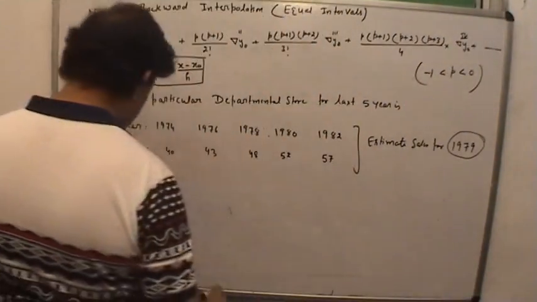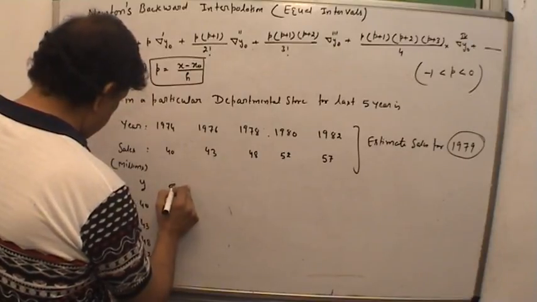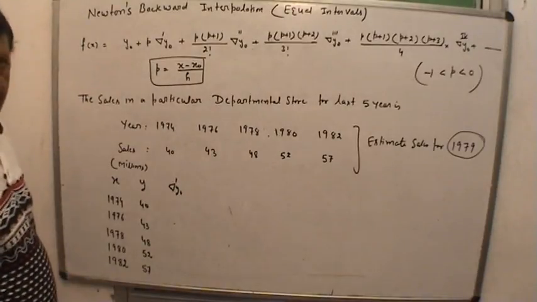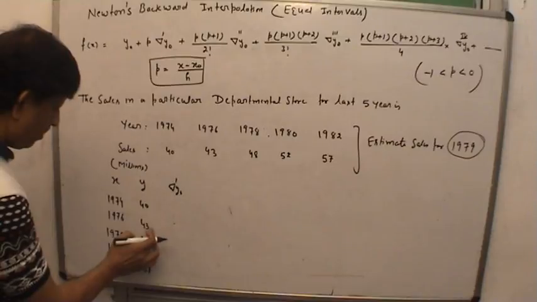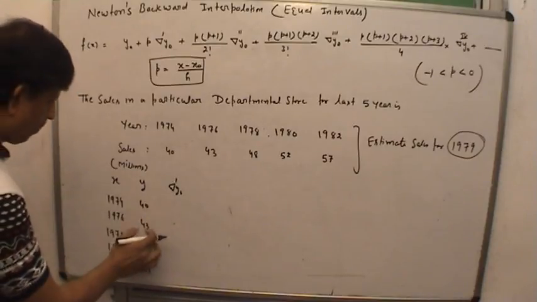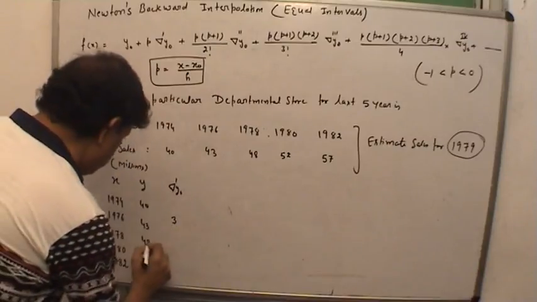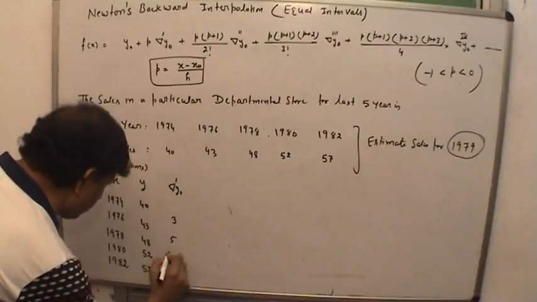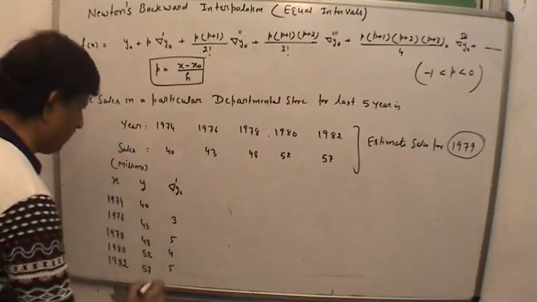Now first of all, we find delta 1 y0. The difference is only that we use the reverse delta, again taking values from below to above. 43 minus 40 is 3. 48 minus 43 is 5. 52 minus 48 is 4. 57 minus 52 is 5.